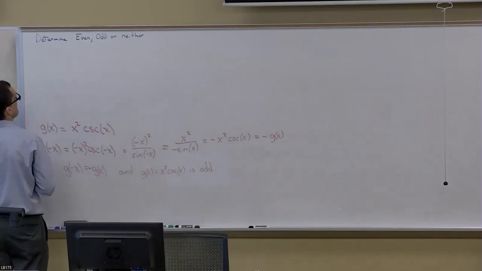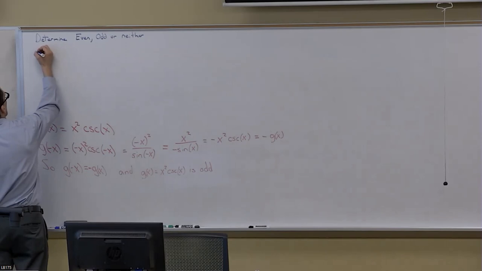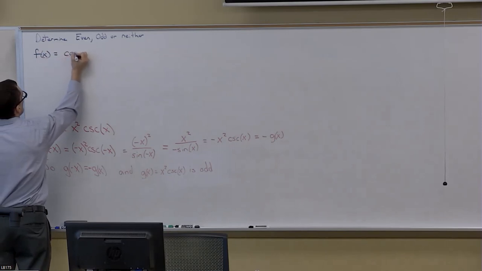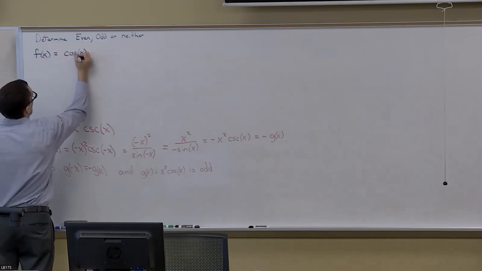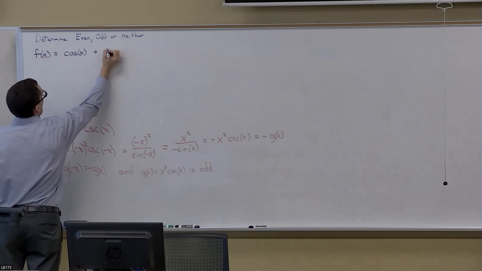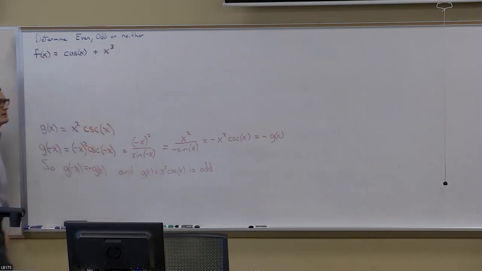So let's determine even, odd, or neither on this function. I'll go back to using f. F of x equals cosine of x plus x to the third.